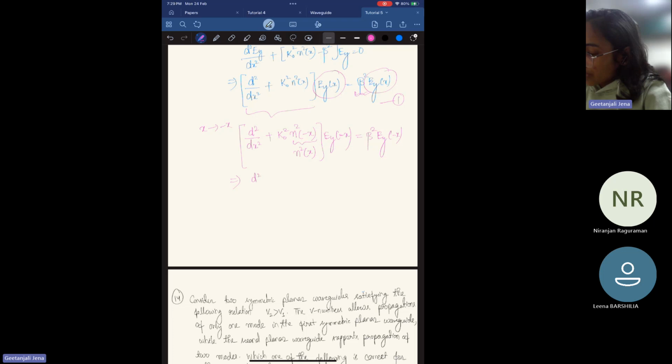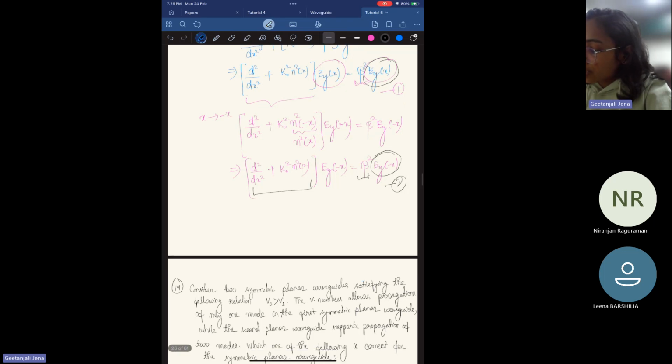So we have d square by dx square plus k0 square n square x acting on Ey minus x equals beta square Ey minus x. So if you now compare 1 and 2, you can see that Ey x and Ey minus x have the same eigenvalue equation and the same eigenvalue, which is beta square.